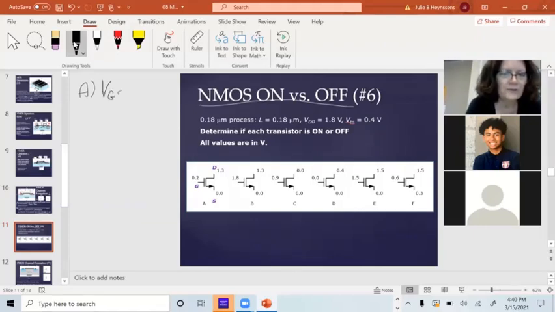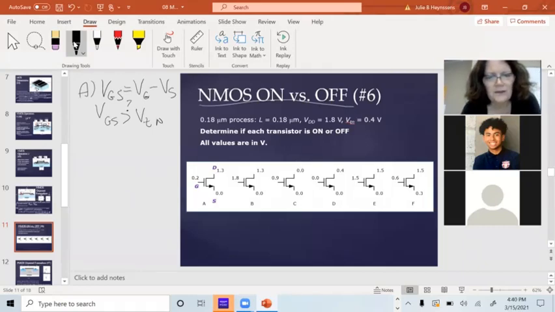VGS equals VG minus VS, and we need to check: is that greater than or equal to VTN? This is an NMOS. So VG minus VS is 0.2 minus 0, which is 0.2. And is that greater than my VTN, which is 0.4? No. So this one is off.